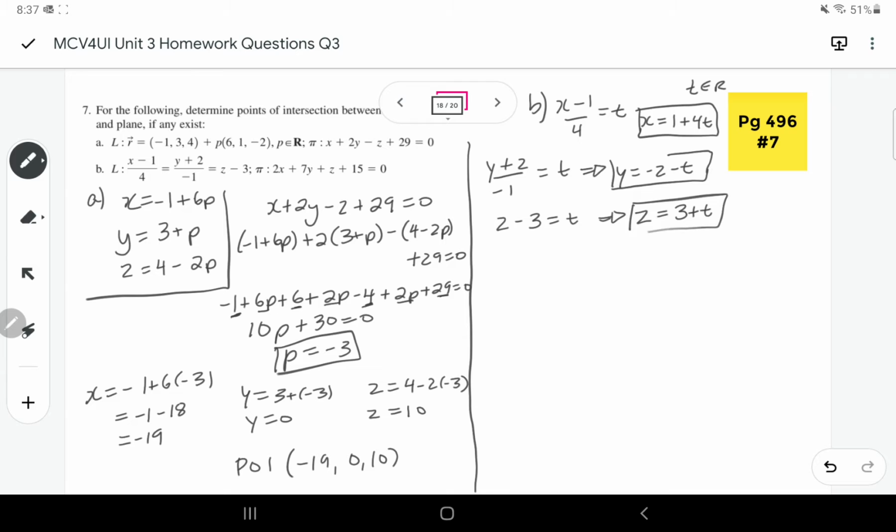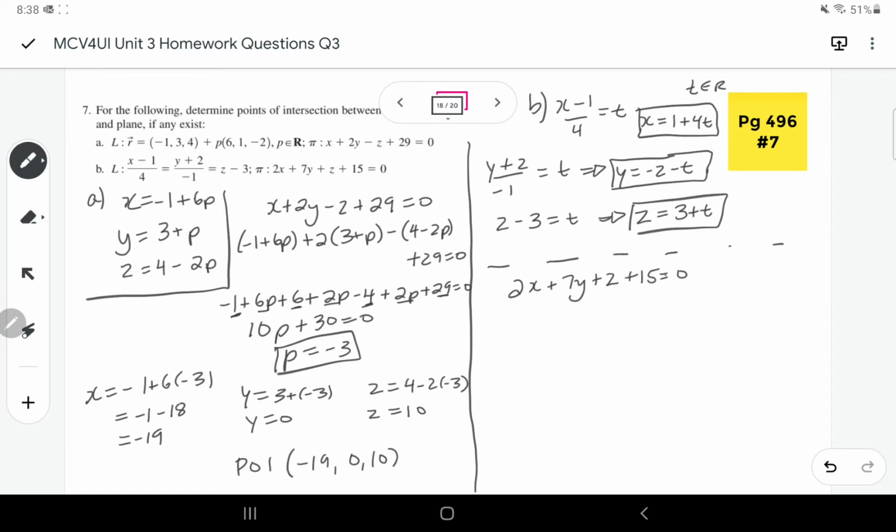So now I have 3 equations, one for x, y, and z, and I'll substitute that into the Cartesian equation of the plane. So those are my parametric form for my line. The Cartesian equation for the plane is 2x plus 7y plus z plus 15 equals 0.